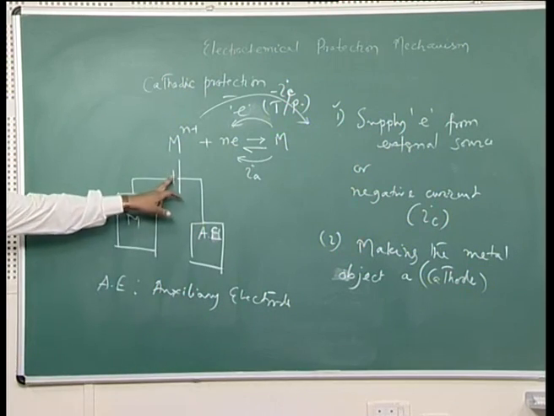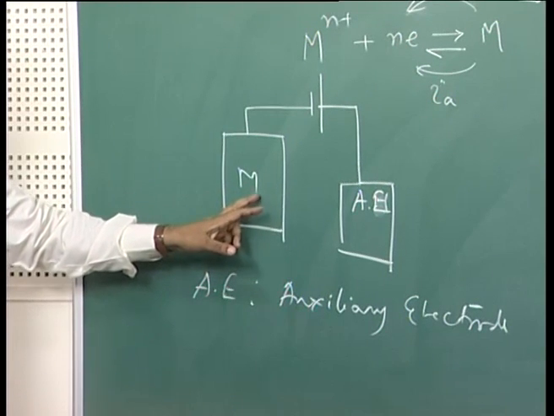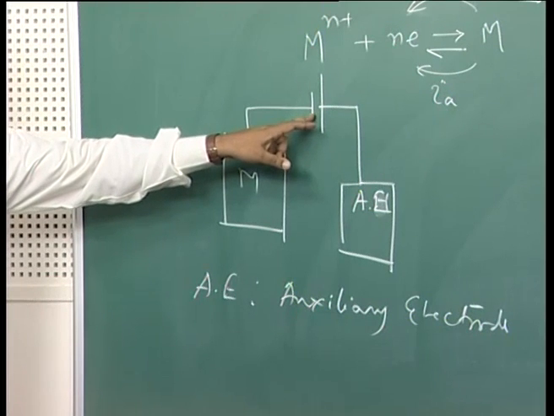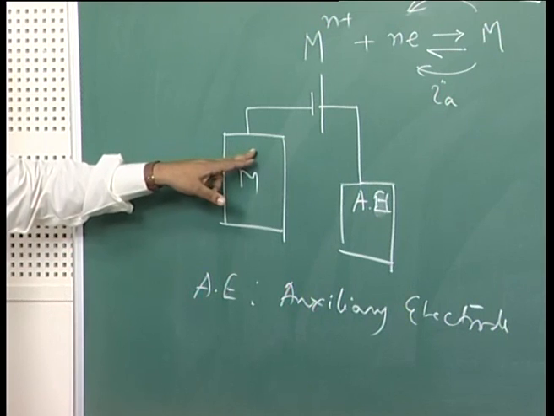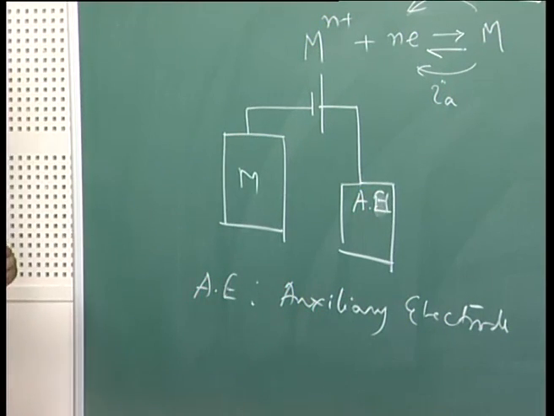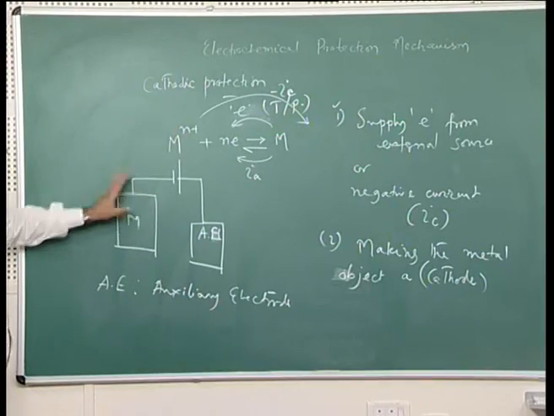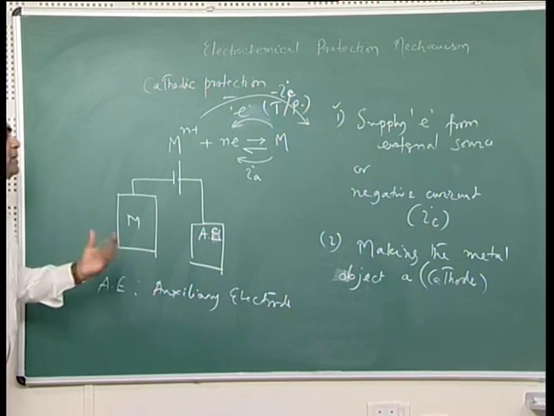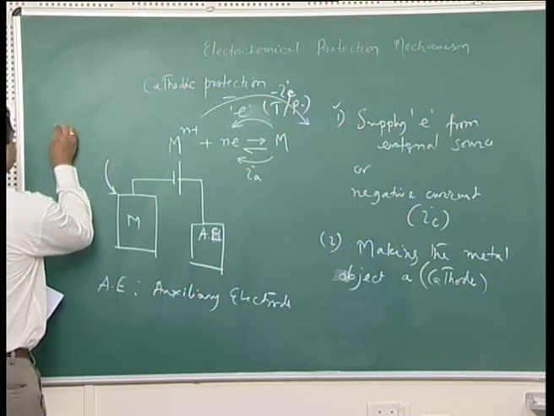Since we have connected the metallic object M to the cathode part, it has become a cathode. Once it has become a cathode, the cathodic reaction will occur on this surface and the anodic reaction will occur on this surface. If the cathodic reaction happens on a particular metallic object, that part is cathodically protected.